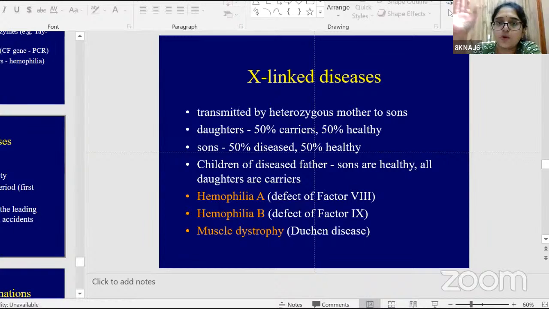So the character is only seen in males exclusively. None of the females are affected. So the father of each male also exhibits that character, and all the sons of that particular affected male will have the same character. An example of Y-linked inheritance is hairy pinna, that is hair growing from the ears.